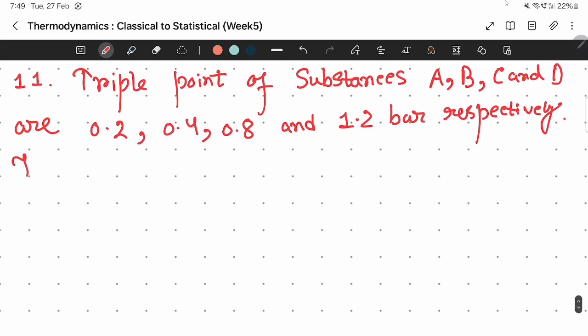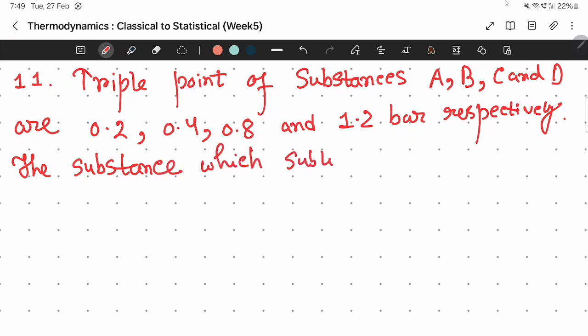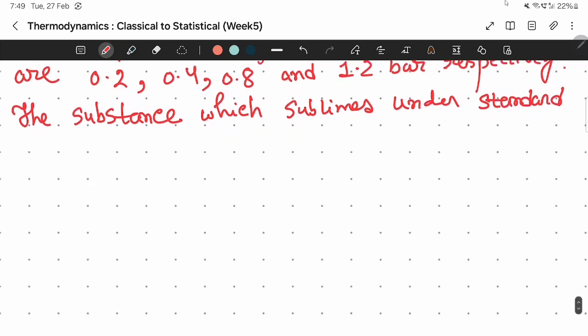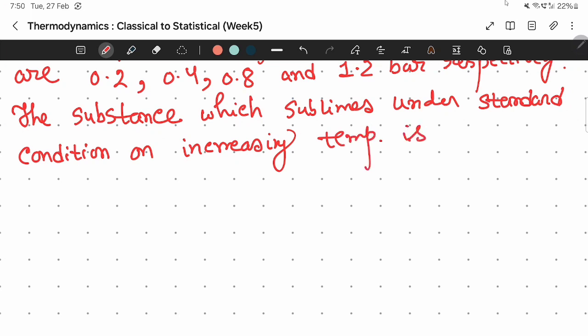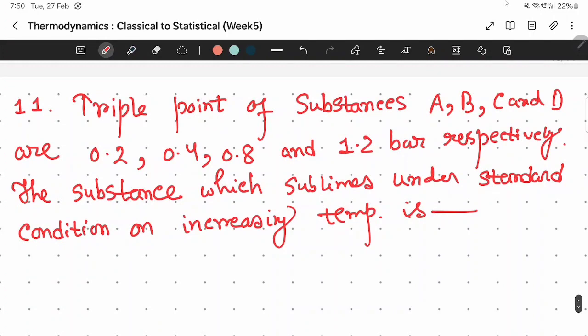The substance which sublimes under standard condition on increasing temperature is. Okay, so there are four substances.